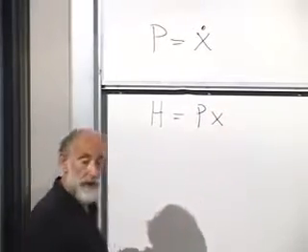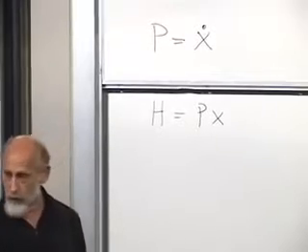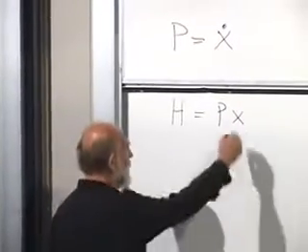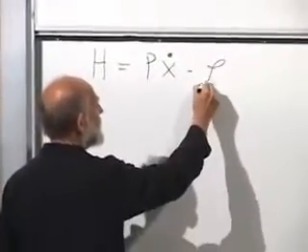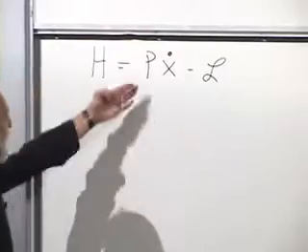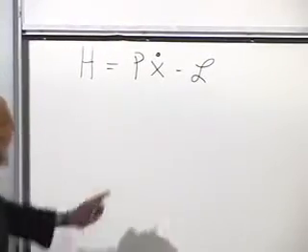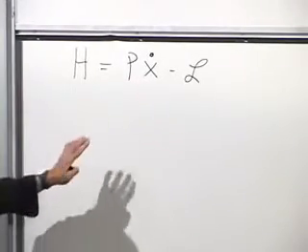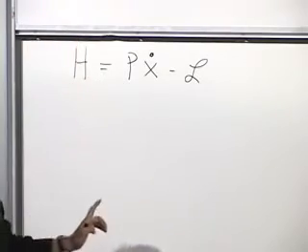This is classical mechanics now, which was two quarters ago? Am I right? Two quarters ago. P x dot minus L. Okay, let me short circuit it. The Hamiltonian is the energy, and it's always given by the kinetic energy plus the potential energy.